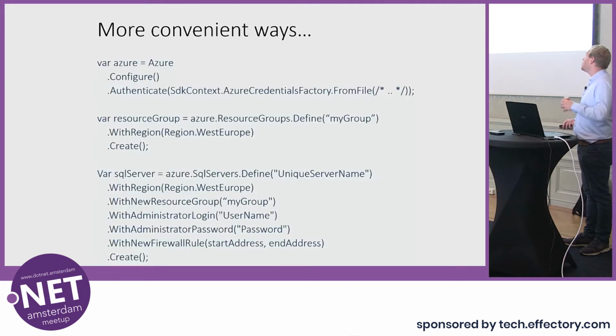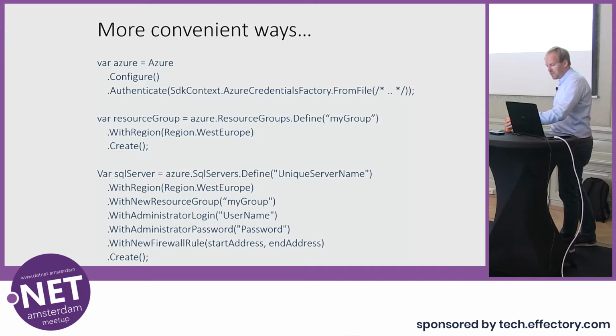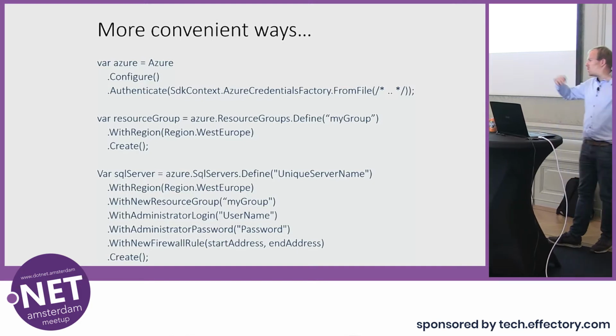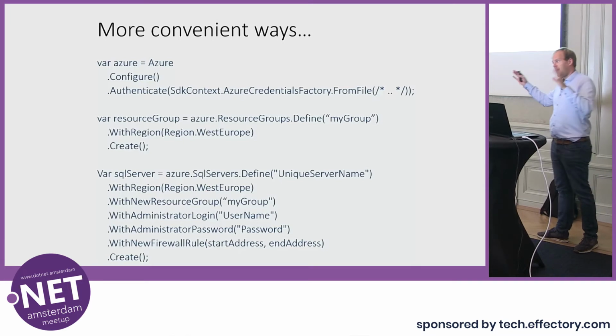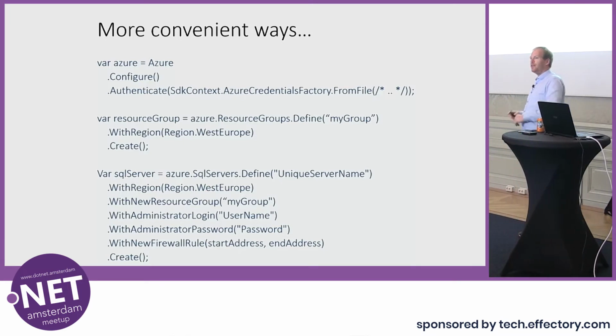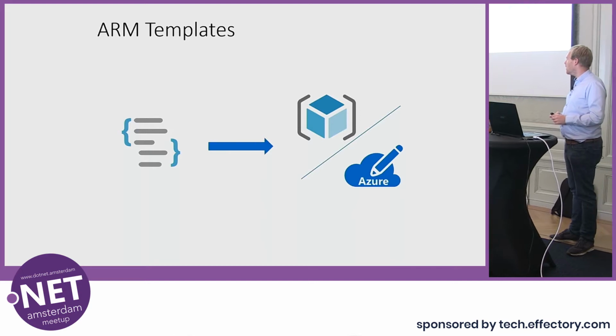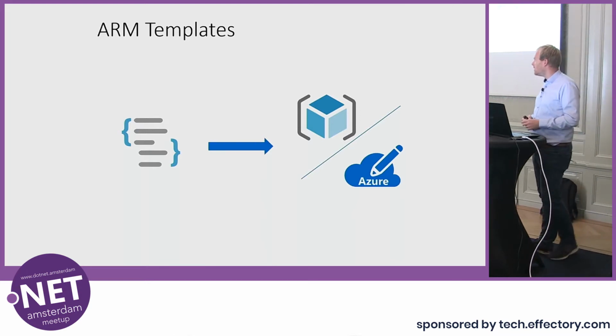And this is what you can do, for example, from an SDK. Almost all of them are fluent nowadays. They're not completely up to par, but they're getting better and better at it. However, the holy grail of managing your resources in Azure is by using templates, in my opinion.